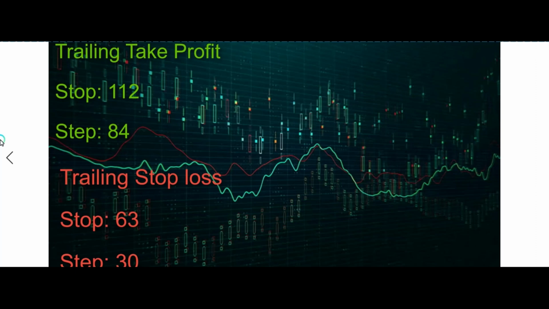Here, as you see, our trailing take profit is 112, the step is 84, and our trailing stop loss is 63, and our step is 30. So use these parameters, because I tested this strategy with these exact parameters and it really works, and I will show you the real tick data backtest, not some bullshit.